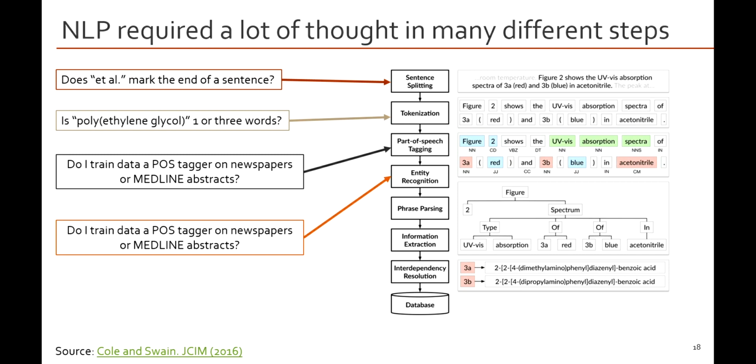So even splitting text into sentences is difficult, because not all punctuation characters actually mark the end of a sentence. You can consider the phrase "et al." It appears a lot in scientific works, but the period there is an abbreviation, not the marker of an end of a sentence. So you have to train some clever logic to be able to even split up sentences into distinct entities.